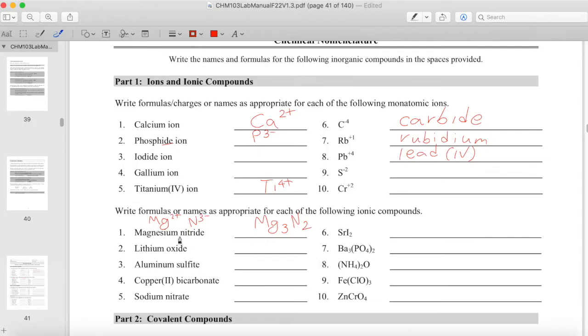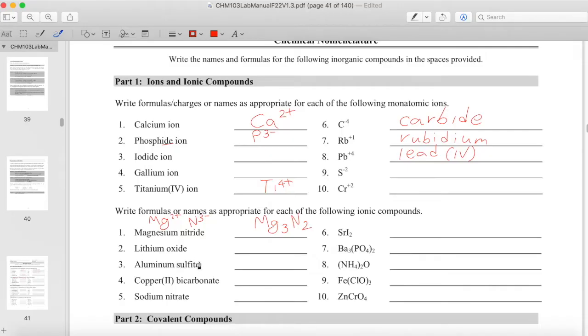And writing that out is obviously relatively straightforward. If it doesn't have an "ide" ending, if it ends with either "ite" or "ate," that tells you you're dealing with what's called a polyatomic ion, an ion made up of more than one nonmetal. Basically, you've got a bunch of nonmetal atoms that are covalently bonded together, but that molecule has a charge and therefore is able to do ionic bonding.